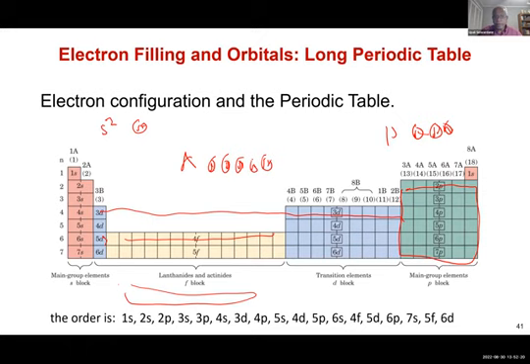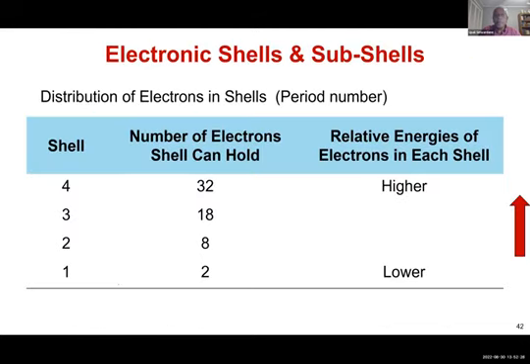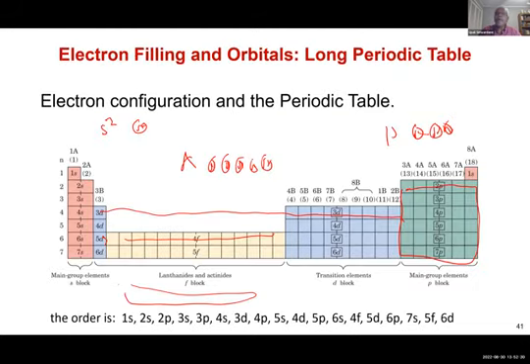So basically the periodic table gives the shapes. Okay, let's do a problem. Now, before I go about it, there are 7 periods in the periodic table.